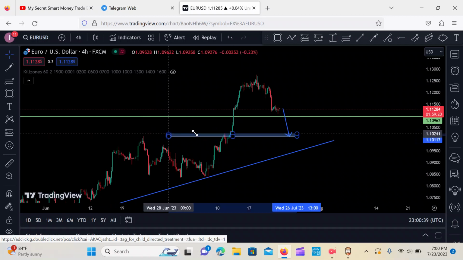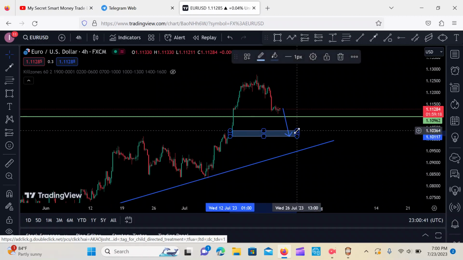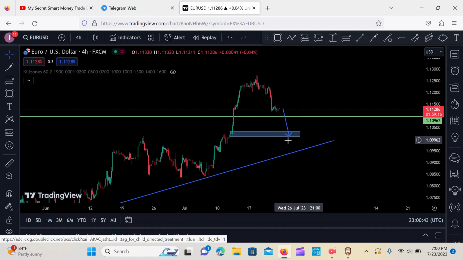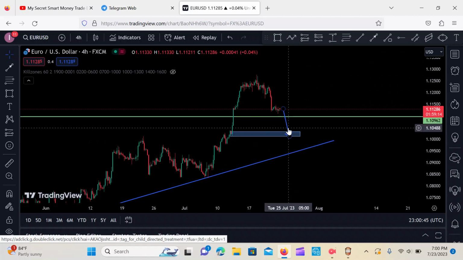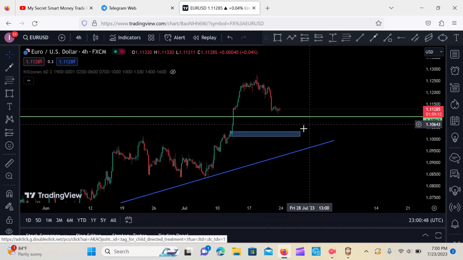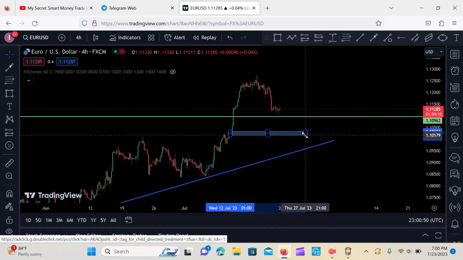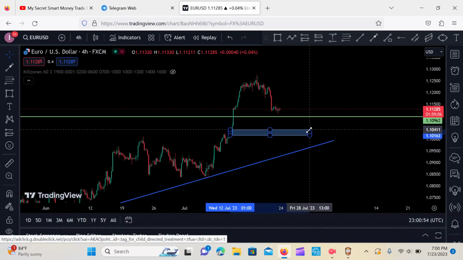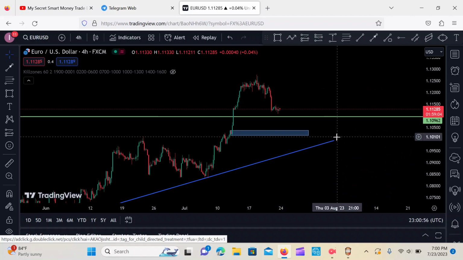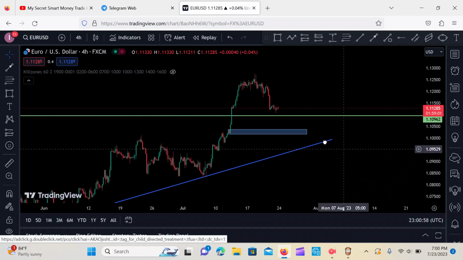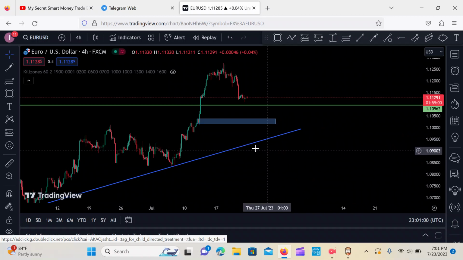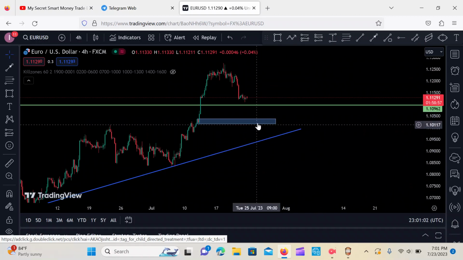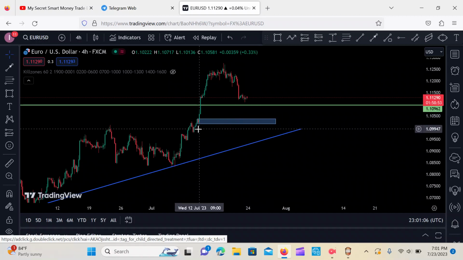So this is my order block. Sometimes in some situations, when you have two order blocks very close to each other, price might not respect the first one. Price might come back to this second one.